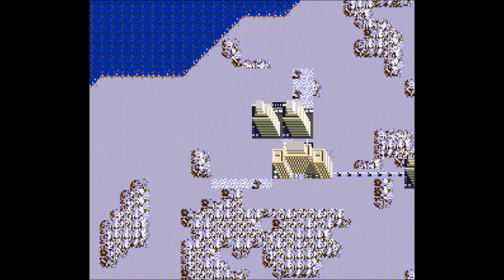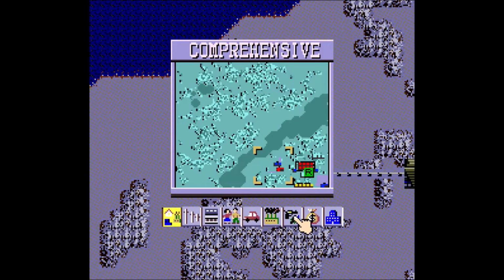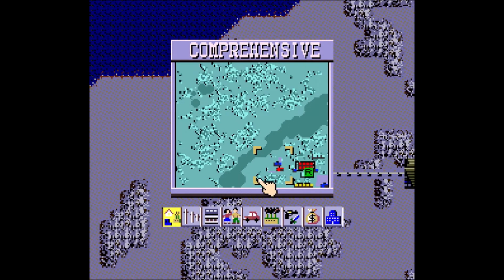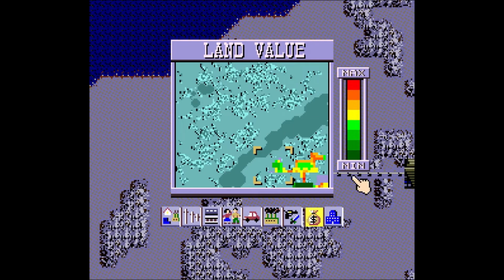Well, if I go to the land value map right here, so let's just look at the map again. In order for this to become a C top, the left half has to have a land value of orange or higher.